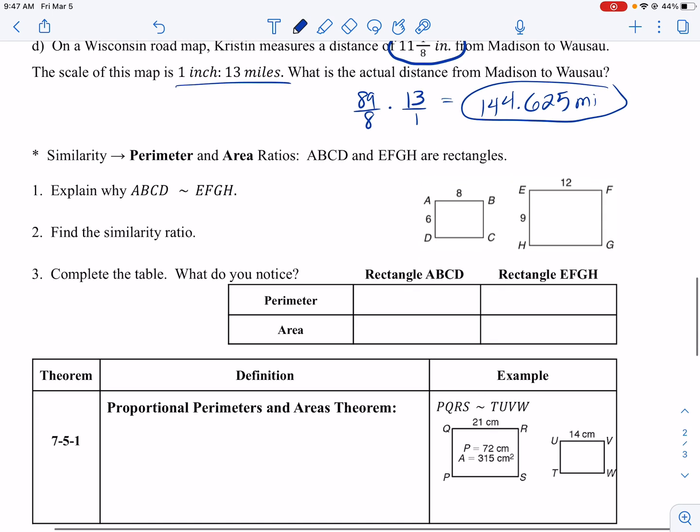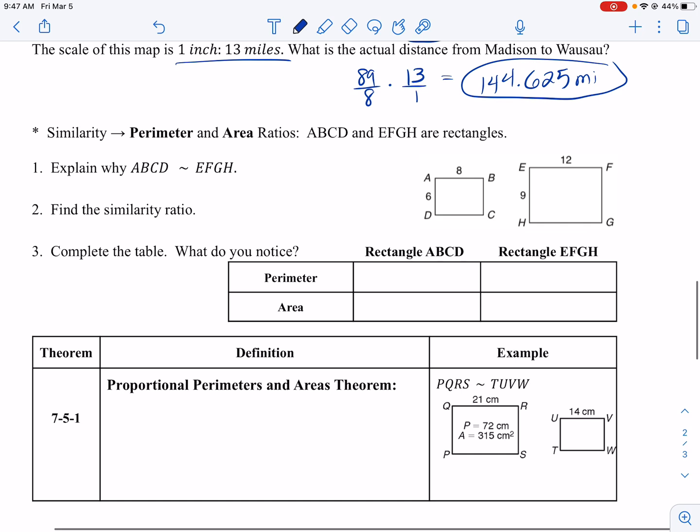Okay, the last thing I want to finish with is the similarity between perimeter and area ratios. And you're going to notice something here when we fill in this table down below. First, hopefully we can notice that this smaller rectangle is similar to this larger rectangle because all of the corresponding angles are 90 degrees.